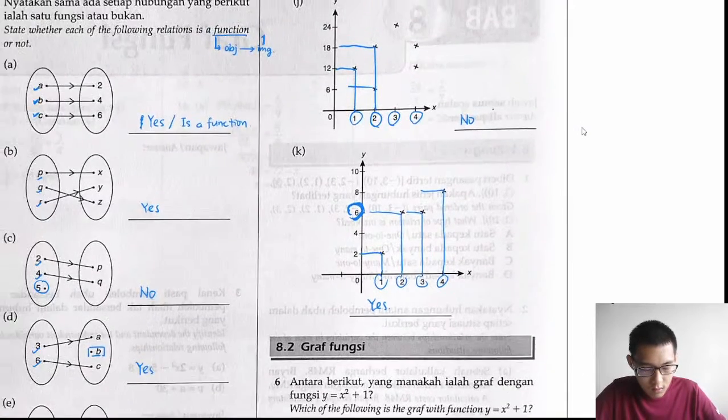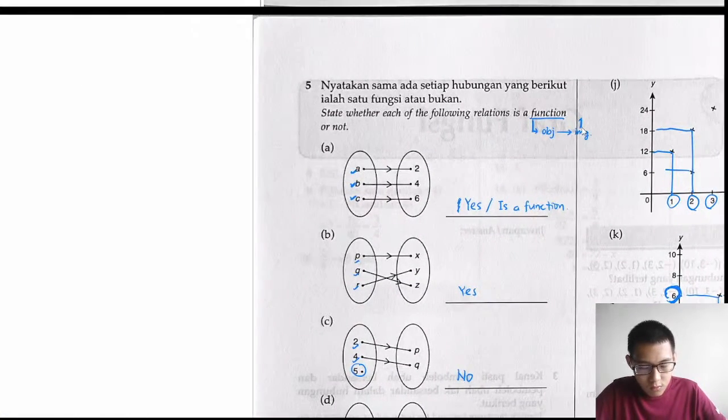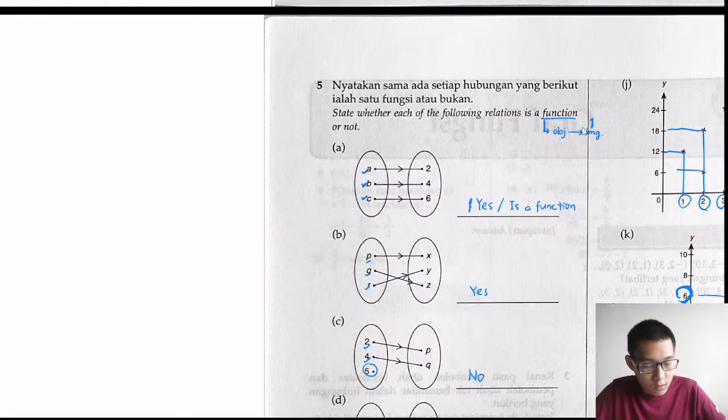Okay, so in conclusion, to make sure the relation is a function, there are two types of relation that can be classified as a function: one to one and many to one.